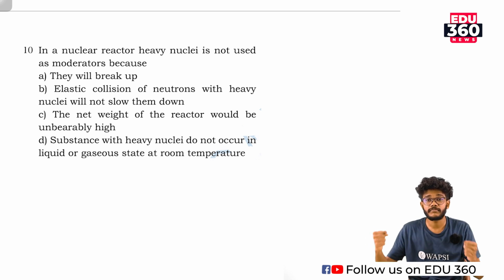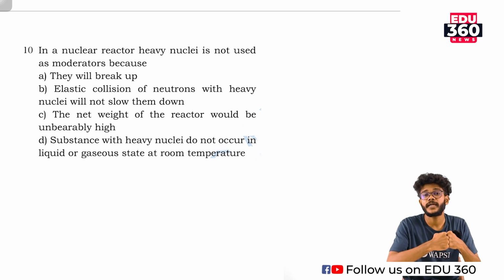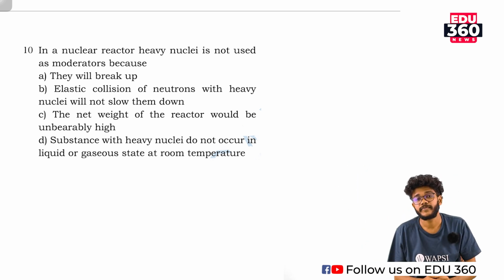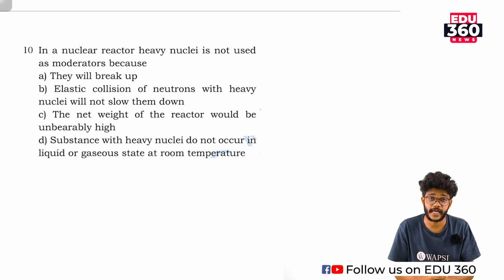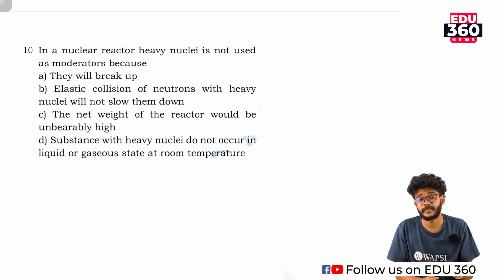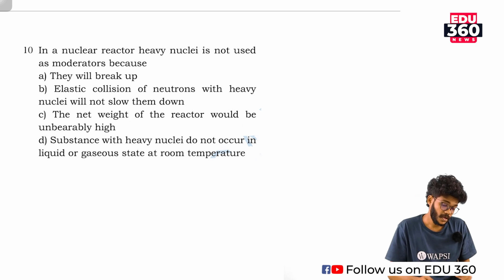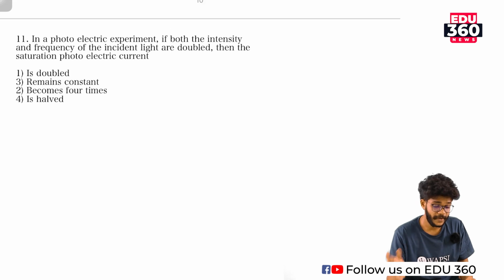By momentum conservation they will strike and go away with a high velocity, and that neutron can cause the next nuclear reaction. So the nuclear reaction can't be suppressed. Okay. So moving to the next question, the 11th question.